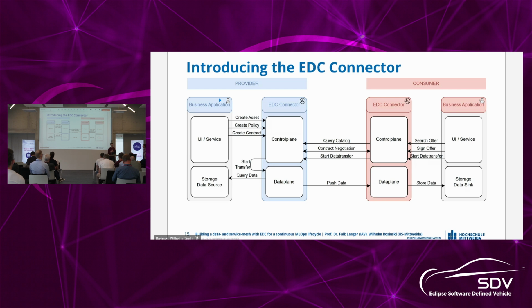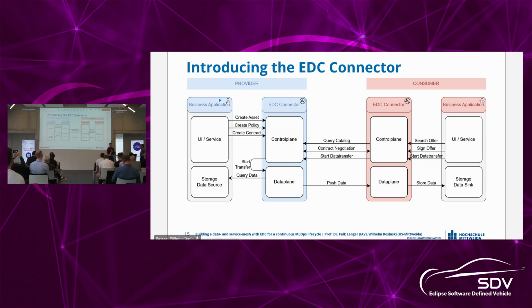So the control plane signals to the data plane that the transfer can be started, and then the data plane queries the data from its data source and pushes the data to the data plane of the consumer, and the data plane of the consumer stores the data in the data sink.